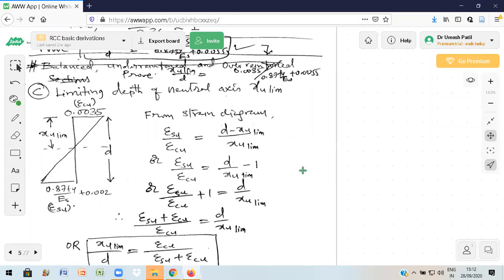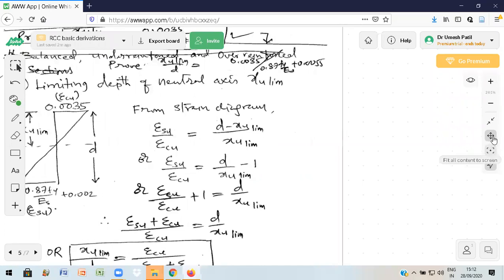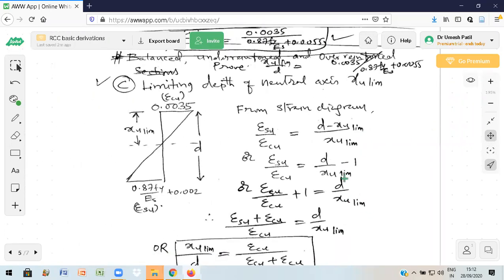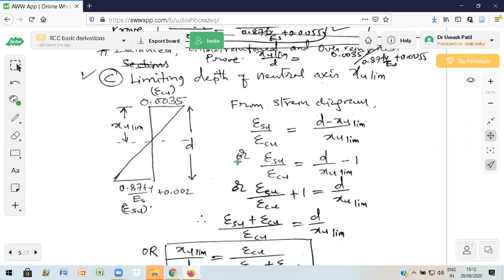That is the limiting depth of neutral axis. Carefully observe this one. It is not difficult, it is just a question of similar triangles. But this is a very important derivation again.